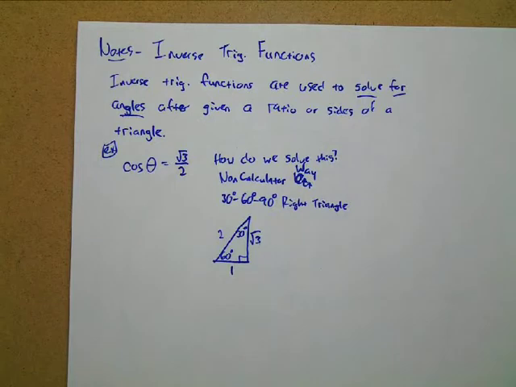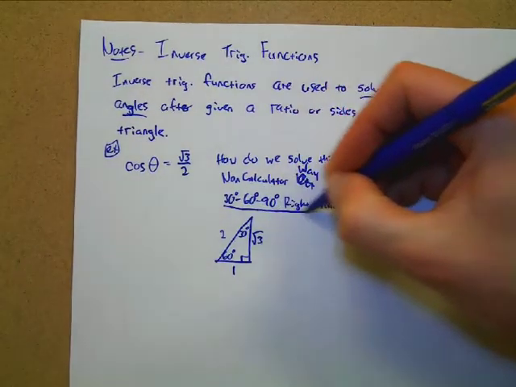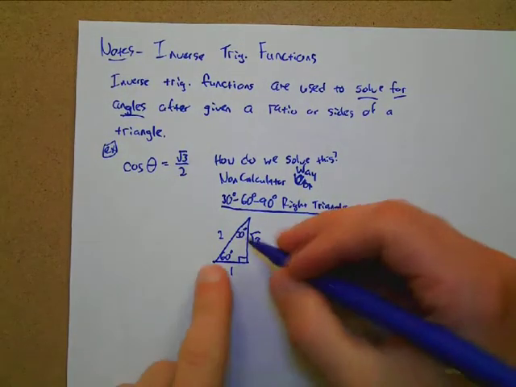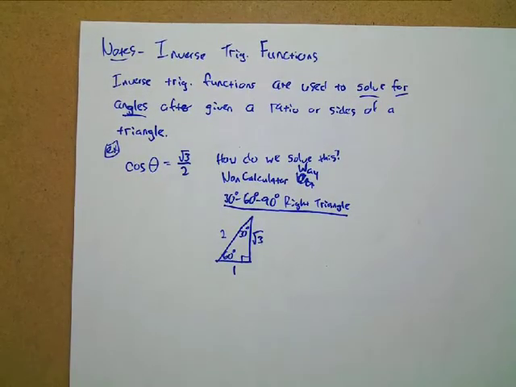So in this special right triangle, the 30, 60, 90 right triangle, which of these angles, when you take the cosine of it, is going to give you root 3 over 2?